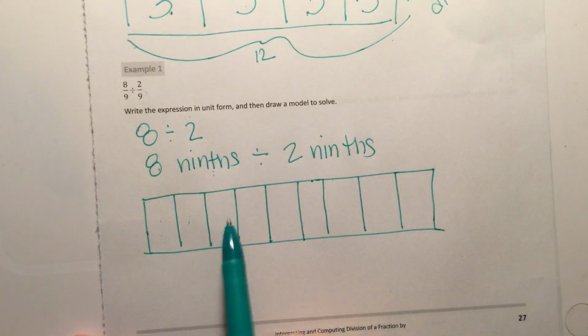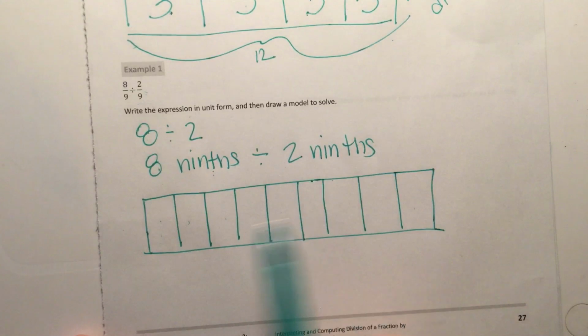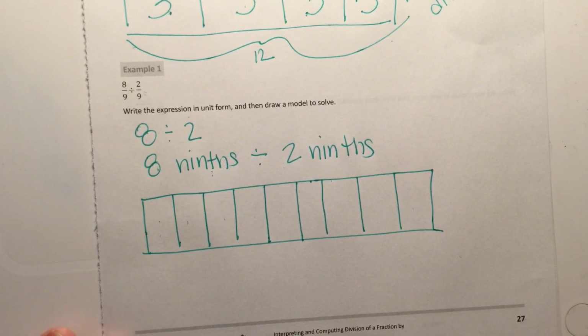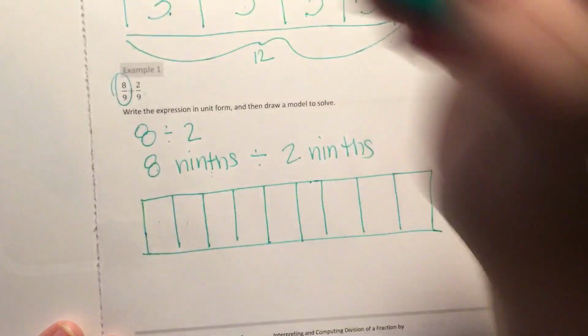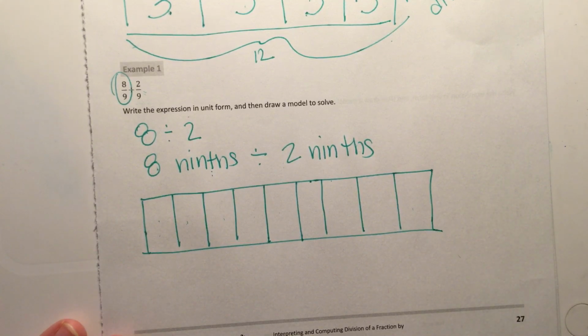I have 1, 2, 3, 4, 5, 6, 7, 8, 9. My 9 9s make one whole, right? But I don't have 9 9s. How many 9s do I have? I have 8 9s. So now it's time for my pencils. I'm using pens, but it's a nice time for your color pencils, because we only have 8 9s.